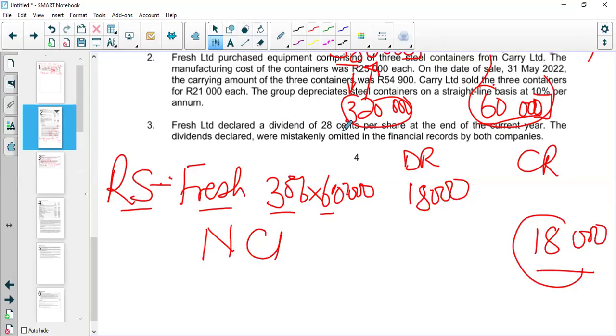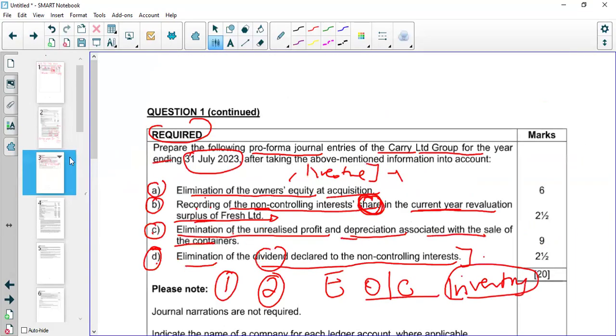So that was the key thing that you guys said to pay attention to. And then the other question is elimination of the unrealized profit. So this is very easy, but there's always a challenge with that. So I hope you guys will enjoy that.